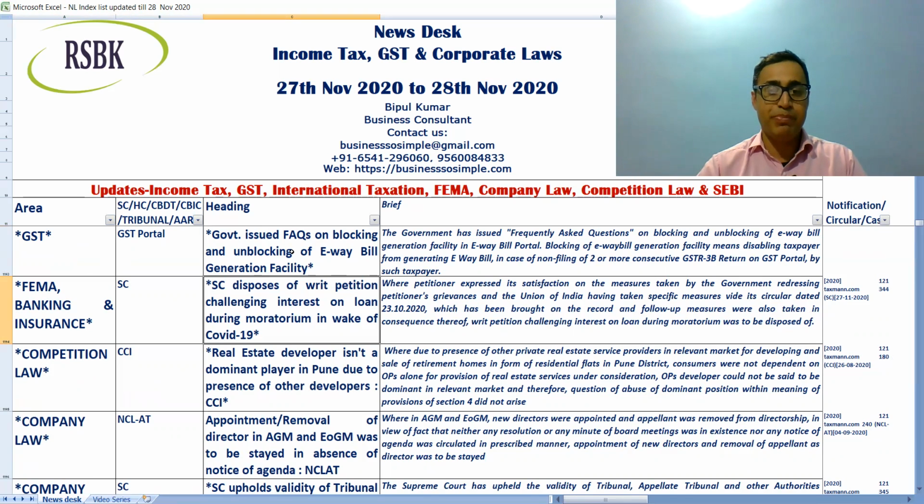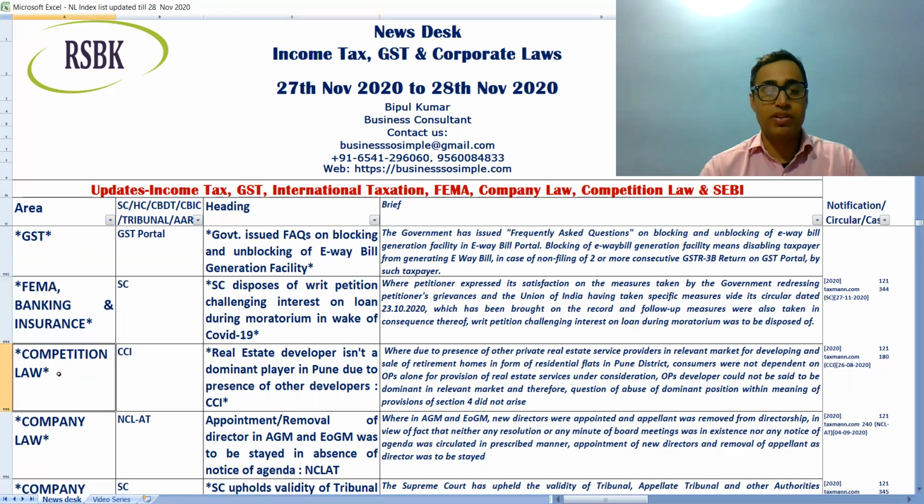This has been brought on record and follow-up measures were also taken in consequence thereof. The writ petition challenging interest on loan during the moratorium was disposed of.